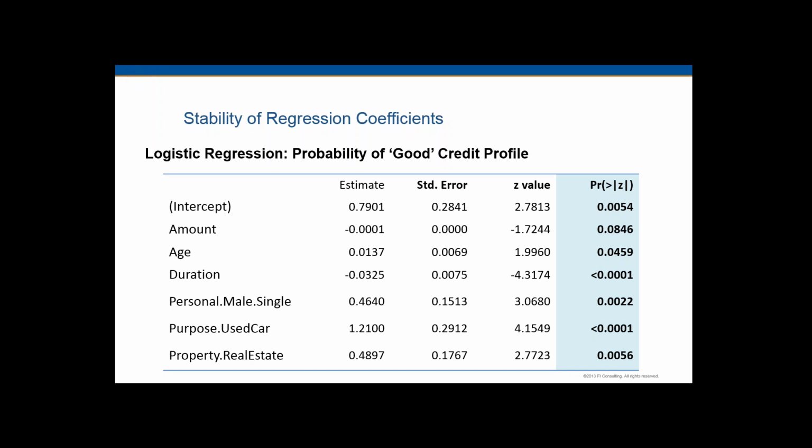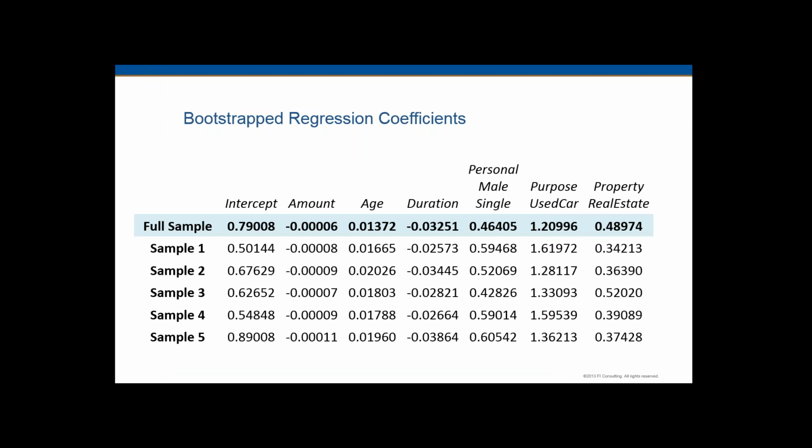In addition, we will use the same bootstrap procedure illustrated before to derive confidence intervals that are more robust. So the top row here is our original logit estimates, and we'll fit the model for every bootstrap sample. In the rows below that, you can see the coefficients from each one of the bootstrap samples.